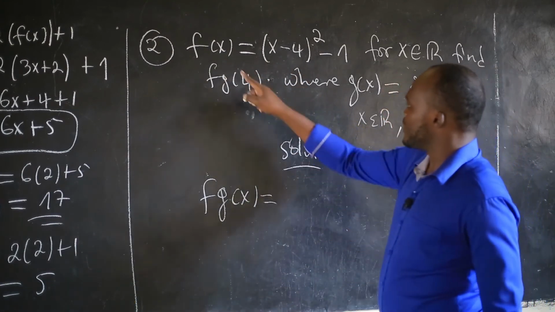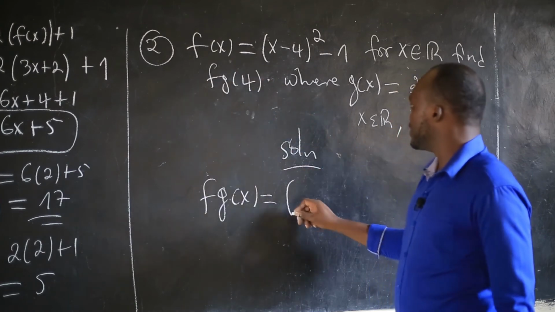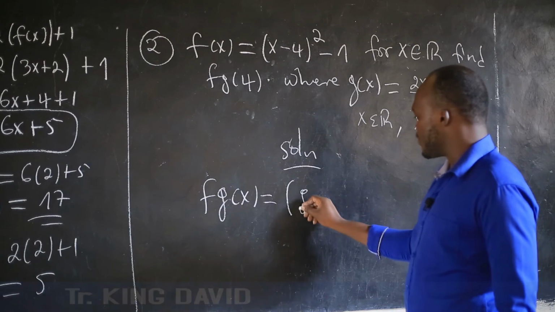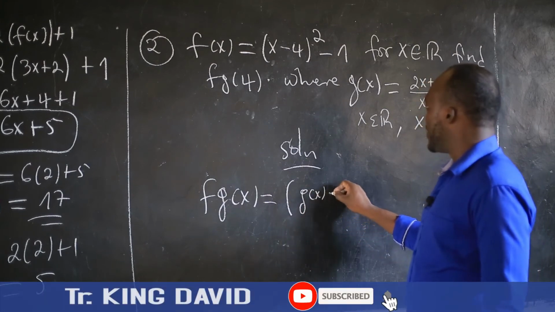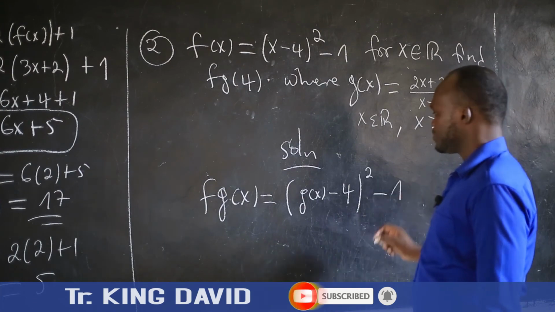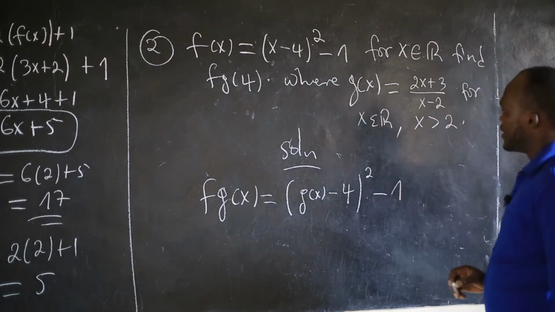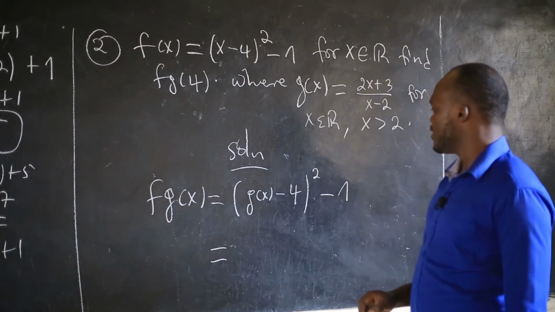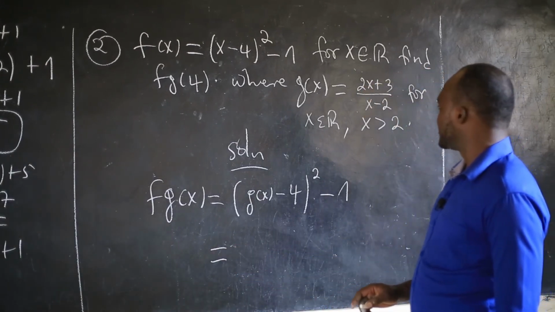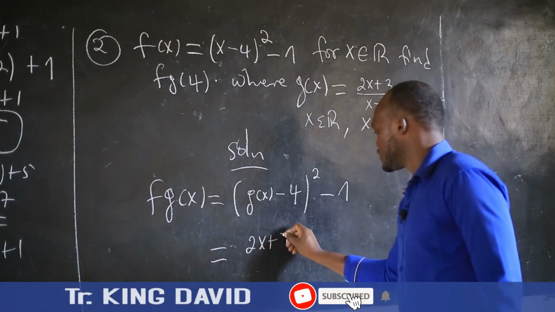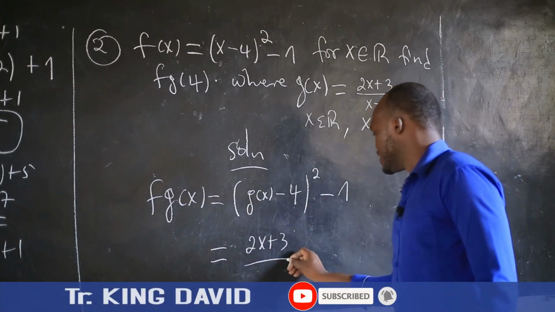So now in f of x, it will be into bracket, where there is x, I'm going to put there g of x minus 4 squared, then minus 1. What is g of x? 2x plus 3 over x minus 2.